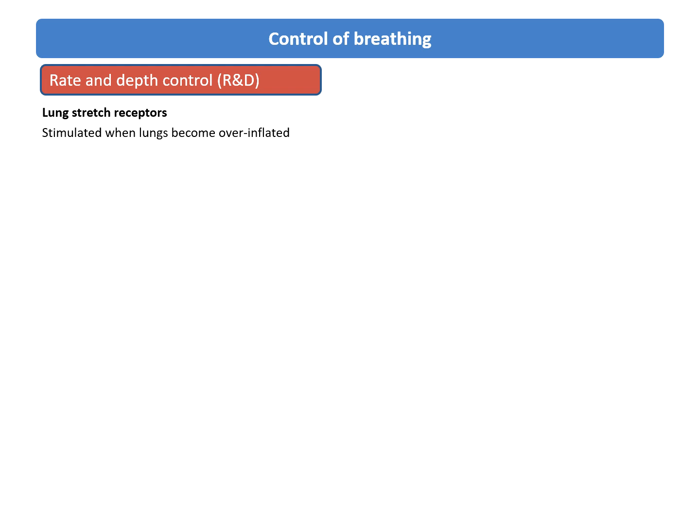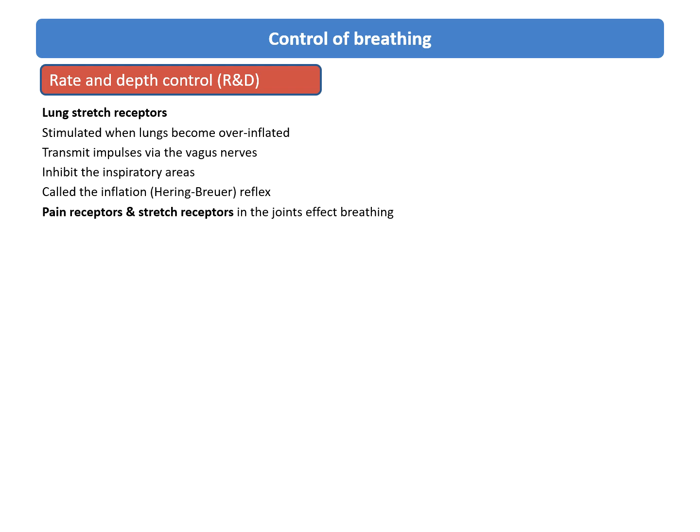But it turns out these stretch receptors are more involved in protecting the lungs if there's damage to the chest wall, so the lungs won't rupture. They transmit impulses by way of the vagus nerves and inhibit the inspiratory area. They're also called the inflation reflex or the Hering-Breuer reflex.